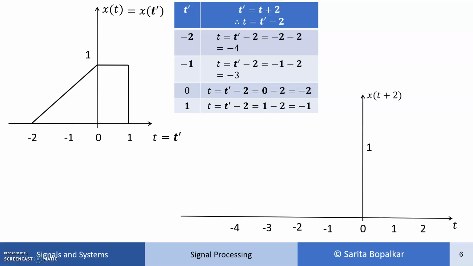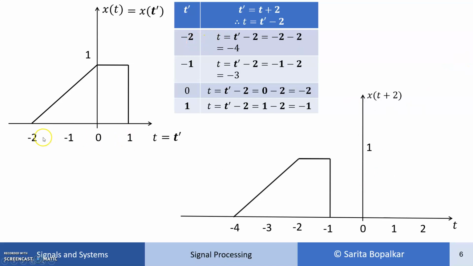Or the simplest way, whatever I told you, in advancing, the original signal will shift towards the left by a particular time unit. That means for x of t plus 2, this is the original sequence and you are shifting this towards the left by 2 time units. You can check this and you can cross verify your answer using this table.